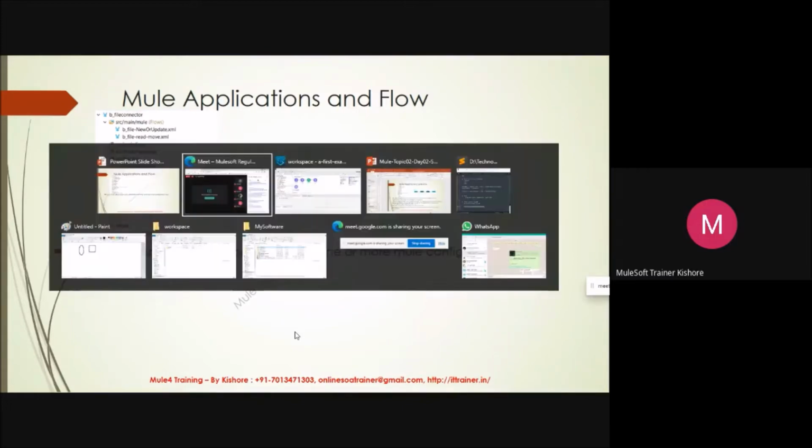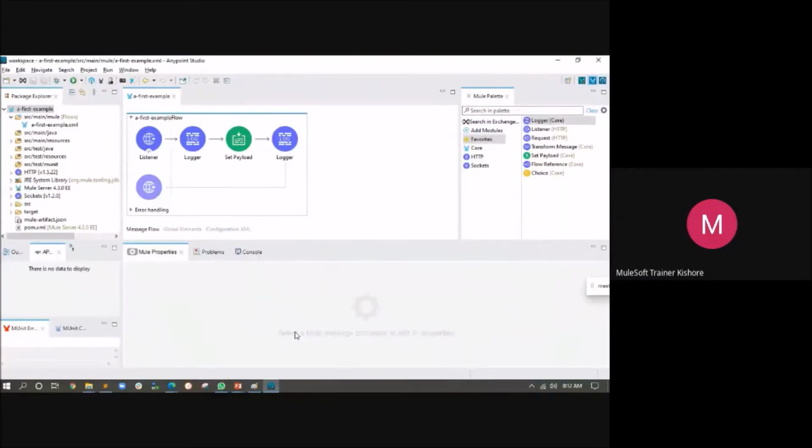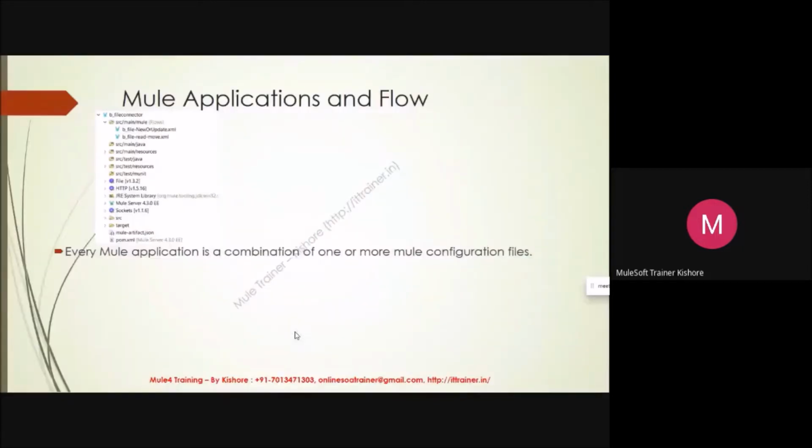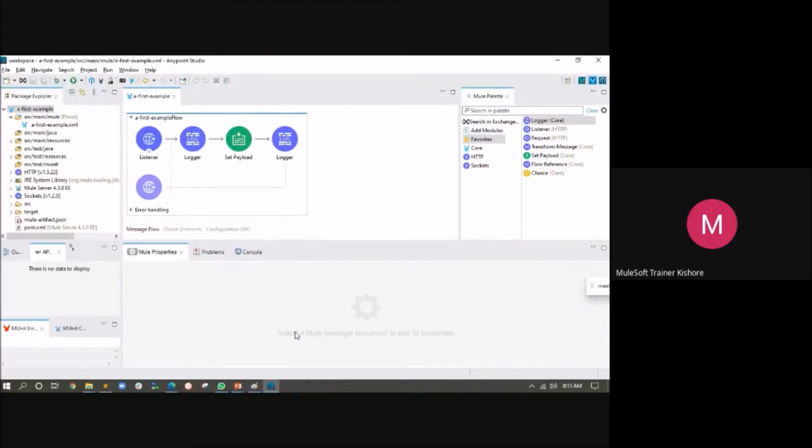When you create a Java project, each Java project contains .java files. When you create a C project, each C project contains .c files. In the same way, when you create your Mule application, it will have Mule configuration files, and these files will be XML files. So it will contain XML data inside it, and Mule will read that XML data and process it.